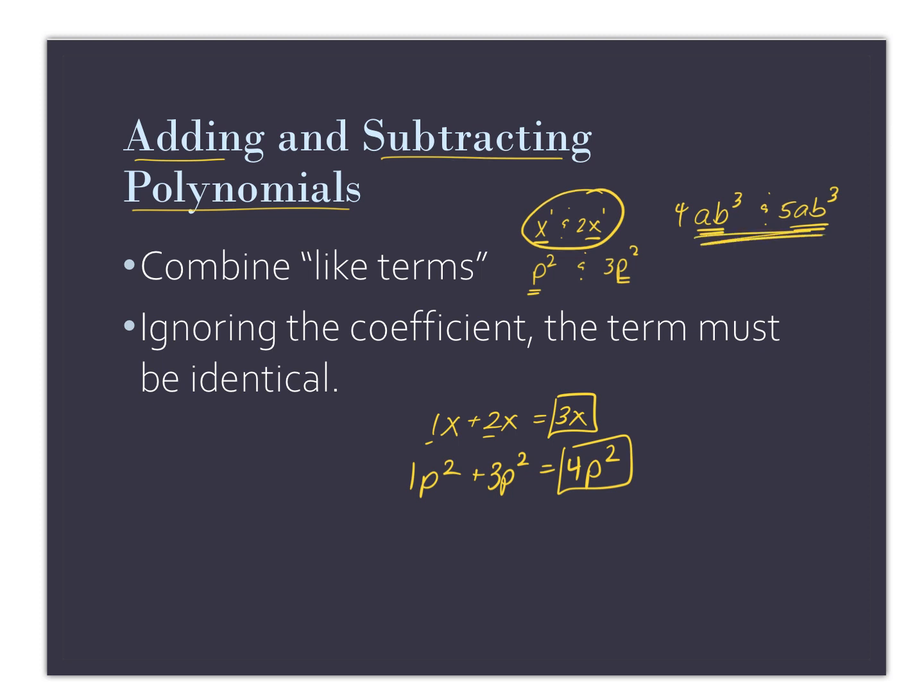If I'm subtracting 4ab cubed minus 5ab cubed, again, 4 minus 5 is -1, and then ab cubed is in my final answer. So again, the coefficients get added and subtracted, but they have nothing to do with whether or not they're like terms. It's the variables and the powers that determine if they're like terms.